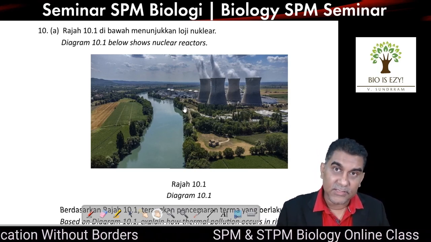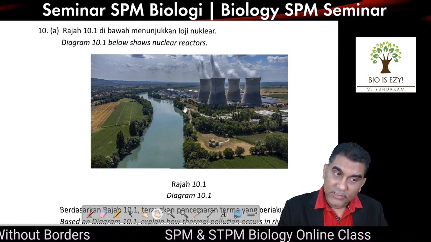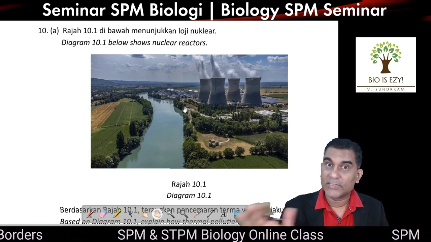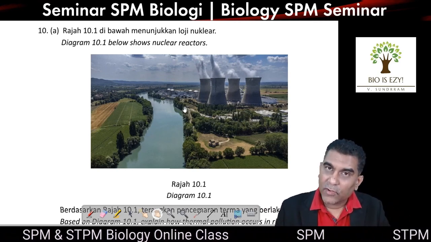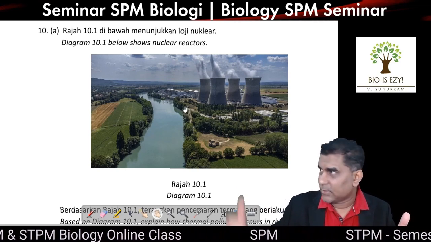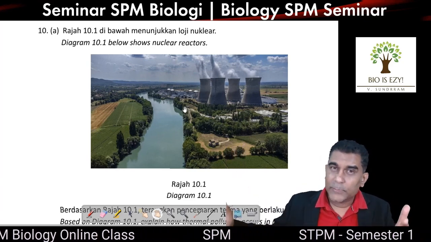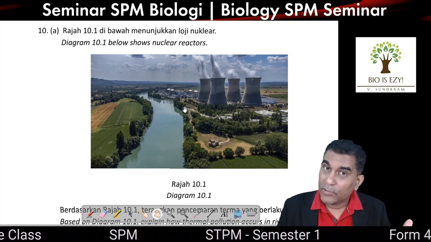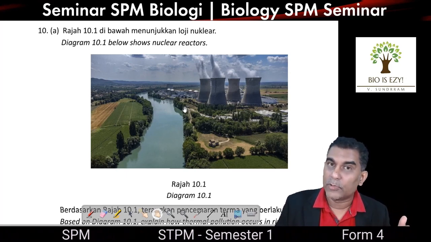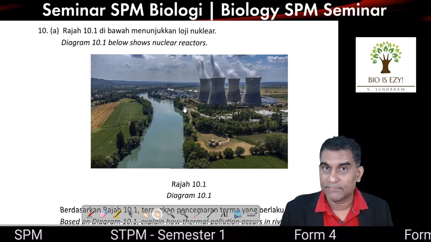WANT. Water, air, thermal, noise. WANT, WANT. Water, noise, thermal, air. Out of these 4, thermal pollution only 2 marks. I already give you the 2 marks. Noise pollution is only 1 mark. So, tak begitu penting. Air pollution and water pollution. This is what we need to focus.